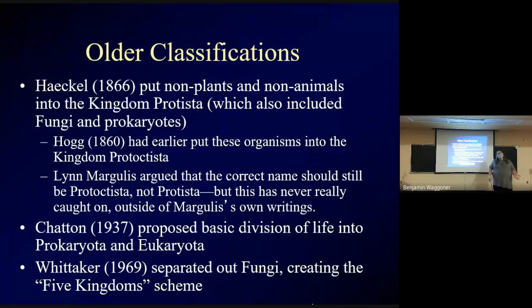And the 5 kingdoms was what I was taught back in my undergraduate years, back in the days of hair metal, and what we taught when I was a grad school instructor, and quite possibly what you learned. The 5 kingdoms scheme of prokaryotes or Monera, animals, plants, fungi, and protista.